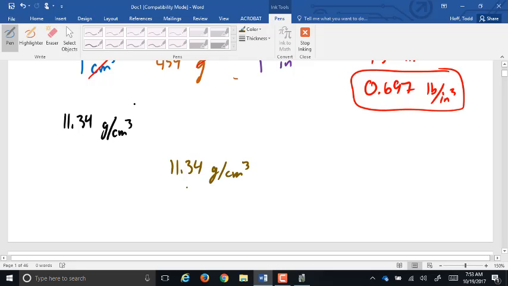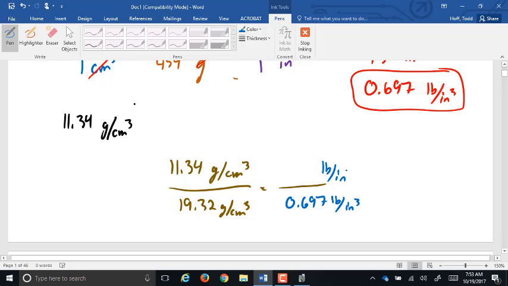So we've got 11.34 grams per cubic centimeter compared to 19.32 grams per cubic centimeter. The gold was 0.697 pounds per cubic inch.